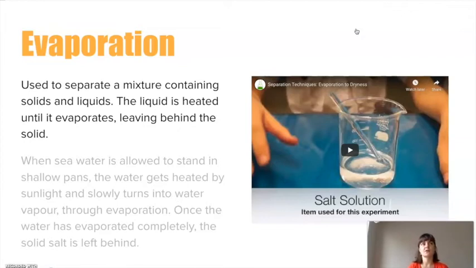So, if you have, for example, sea water, and you want to get salt from the seawater, what you do is you use either sunlight or some other kind of heat to evaporate the water, and then you will be left with the salt. So let's look at what that would look like in the lab.